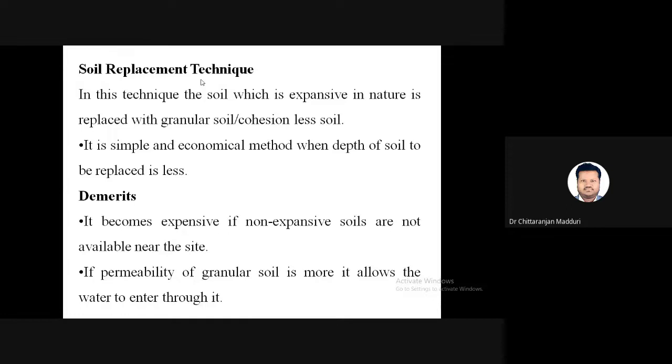So the problem is left as it is, and it causes swelling of the soil mass.